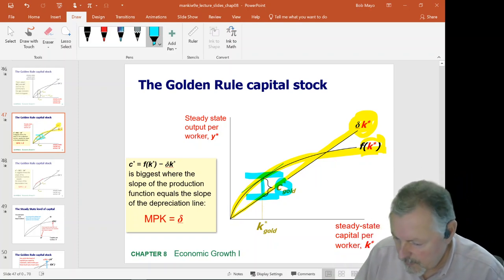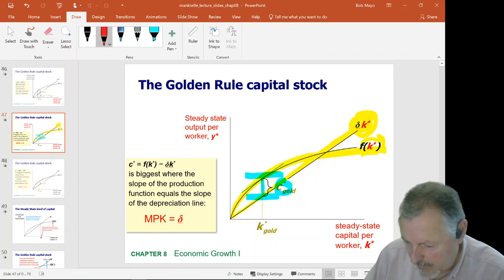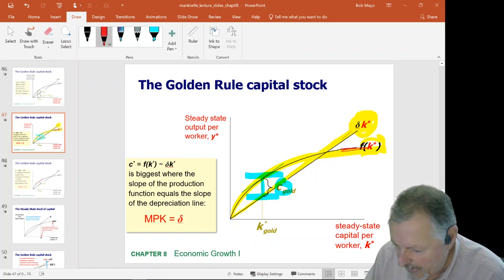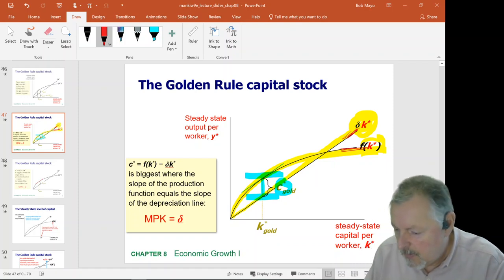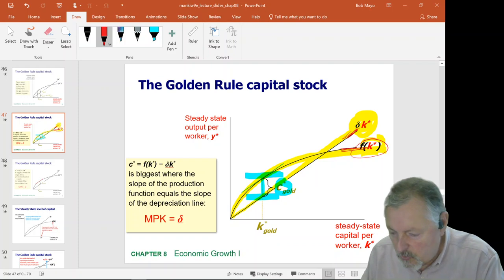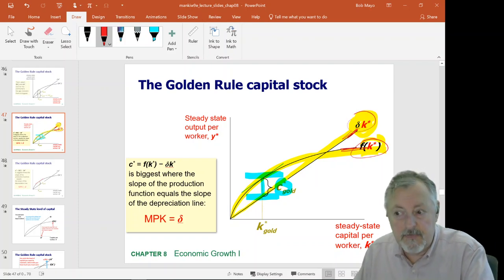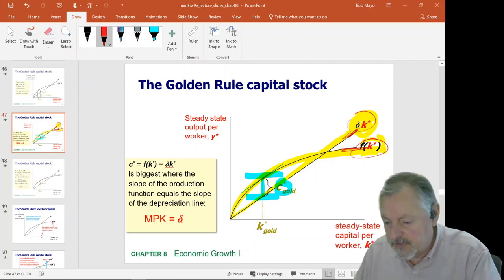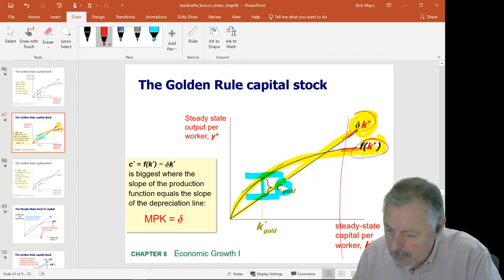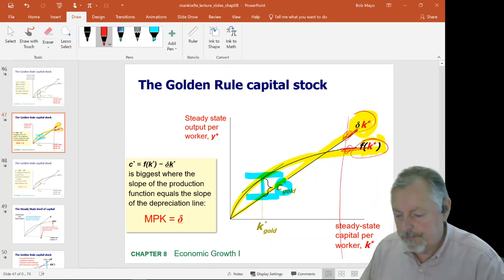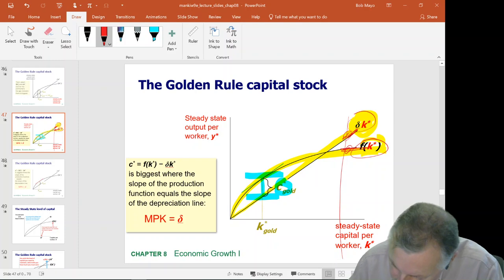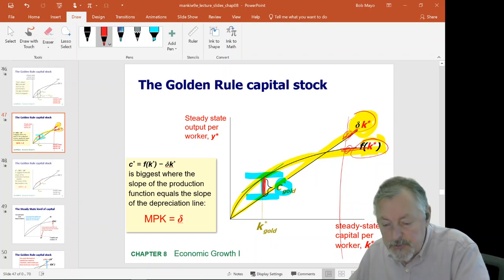So the area between this curve and this curve is consumption. If the amount you're producing is greater than the amount you're saving, then you have some positive level of consumption. If you were out here, you'd be trying to save more than the total. You'd have negative consumption, which you can't have. So that distance is how much you're consuming.